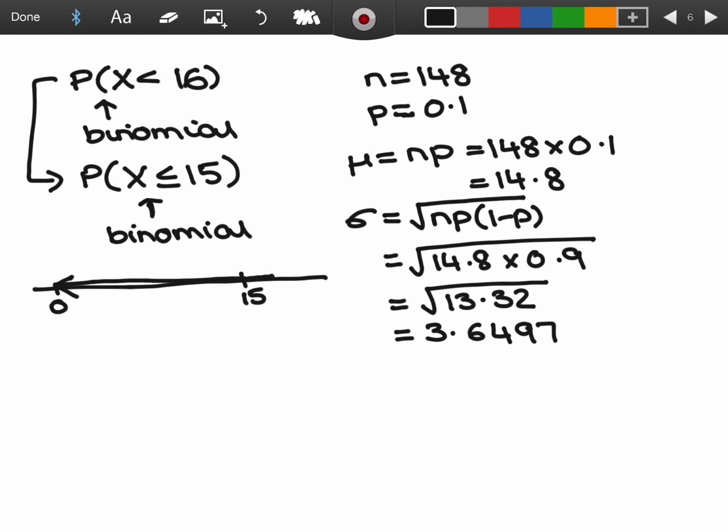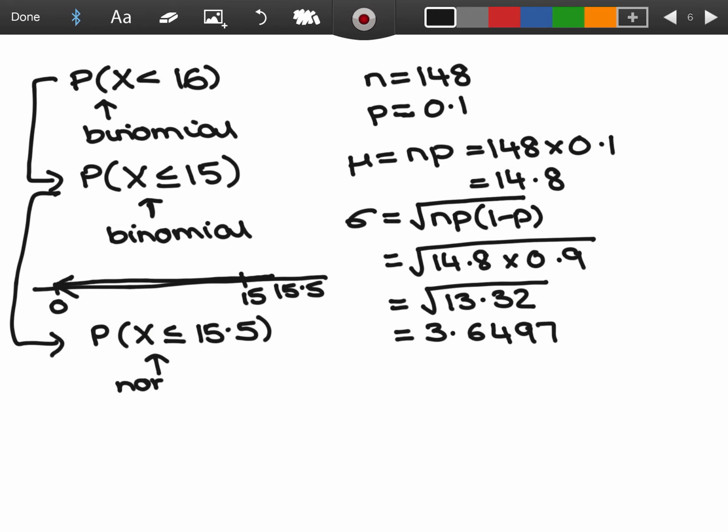So take it up to the values that still round down to 15, which would be 15.5. Taking this into normal distribution, we have the probability that x is less than or equal to 15.5.